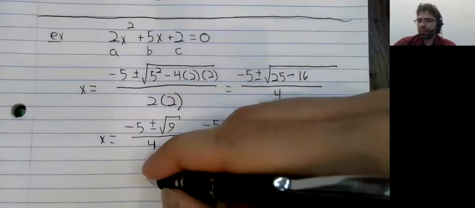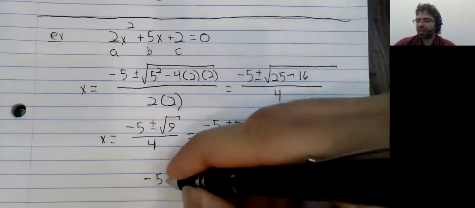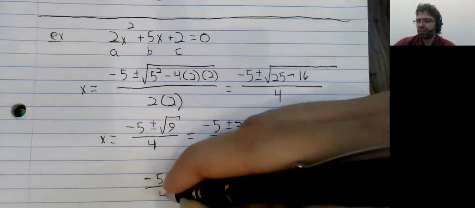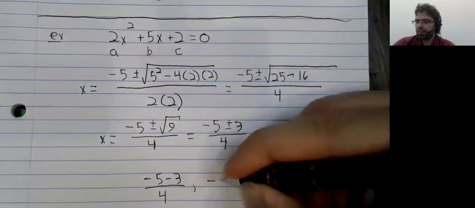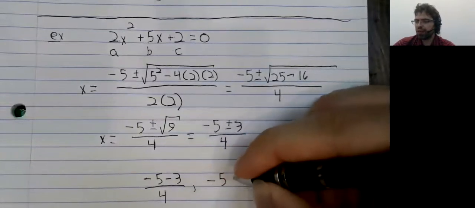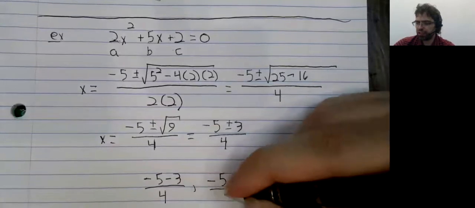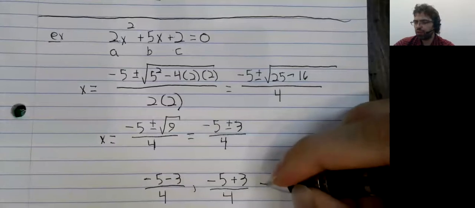So you see how we get two solutions from this. Negative 5 minus 3 divided by 4, negative 5 plus 3 divided by 4.